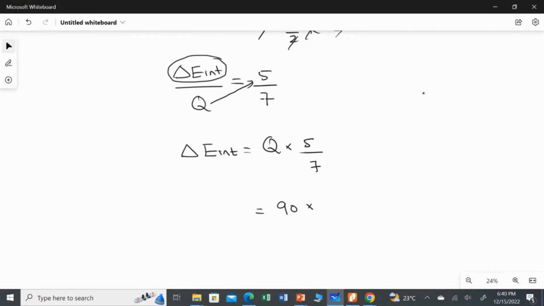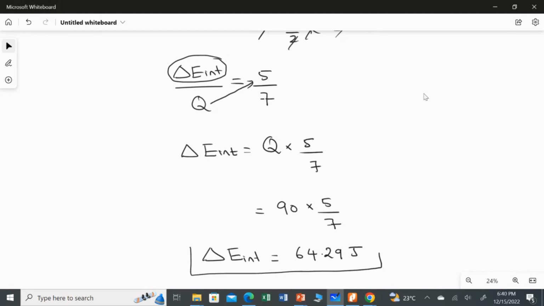So 90 joules multiplied by 5/7. So now I'm going to calculate the value of the internal energy change, which is equal to 64.29 joules. Clear? That's it. This is the answer for this question. Thank you.